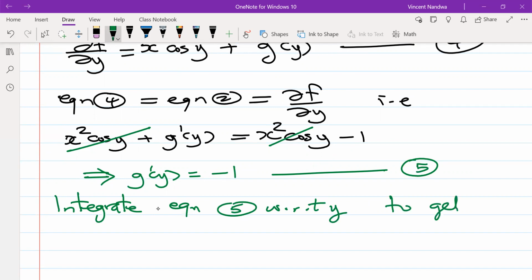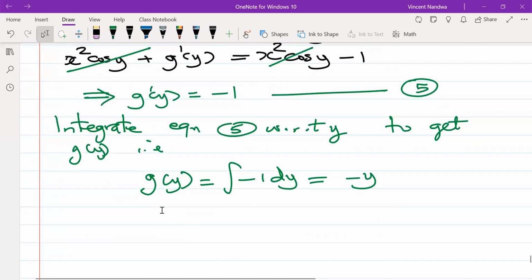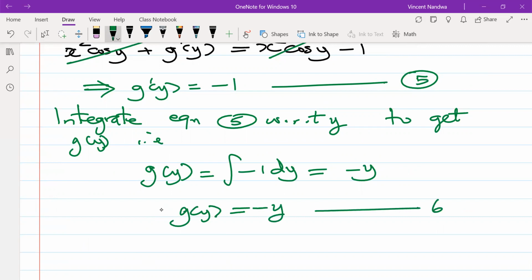That is, g of y will be the integral of negative 1 dy, which will be negative y. We don't have to add the constant of integration, since it will be taken care of when we write our general solution. So g of y equals minus y. I call this 6.